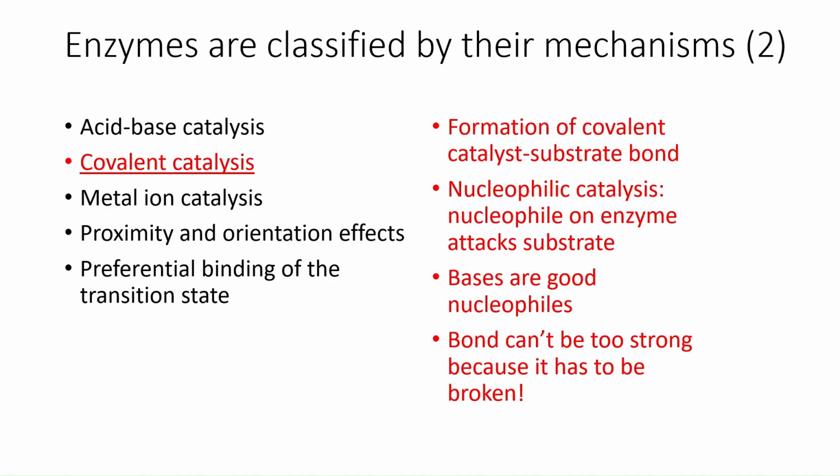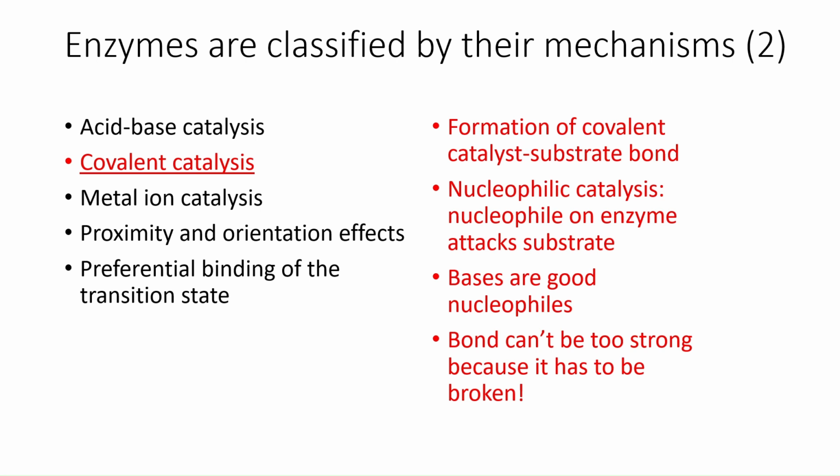So that brings us to our second mechanism for enzyme catalysis, which is covalent catalysis. And covalent catalysis can be defined as the formation of a covalent bond between the catalyst and the substrate, or a catalyst-substrate bond. And this usually happens because of nucleophilic catalysis, where a nucleophile on the enzyme attacks the substrate to form that covalent bond.